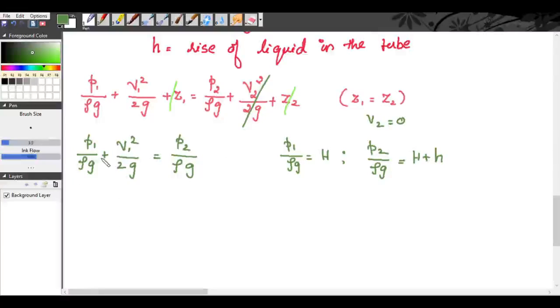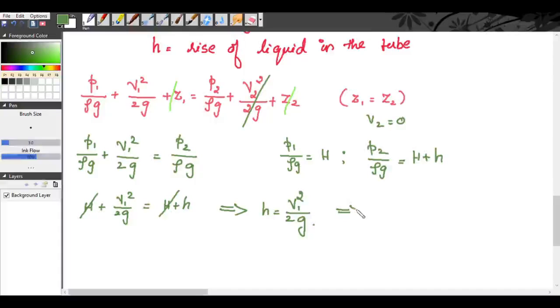So we substitute: H plus V1 square by 2g is equal to capital H plus small h. From this, you can cancel the H on both sides. You get h is equal to V1 square by 2g.